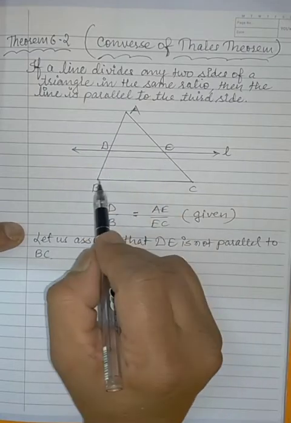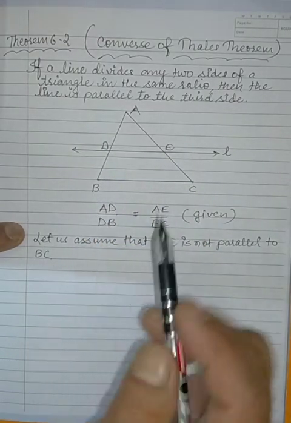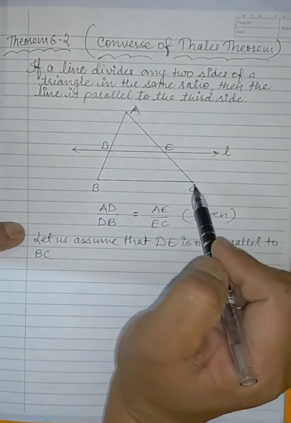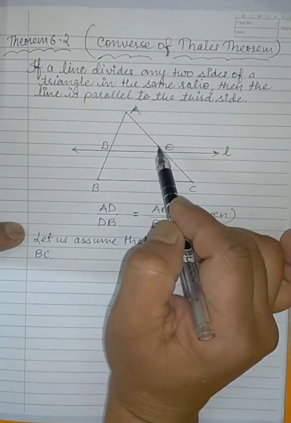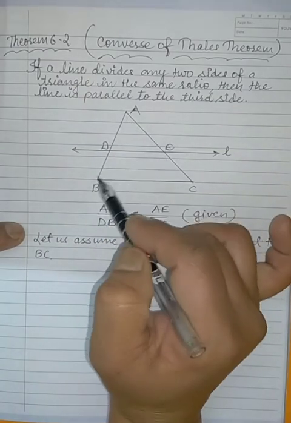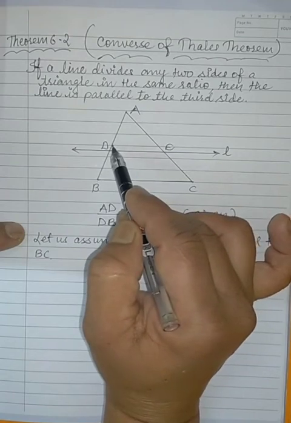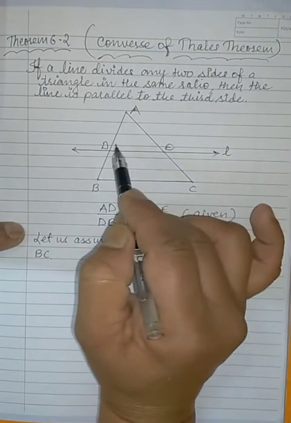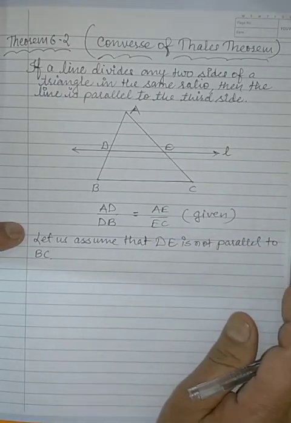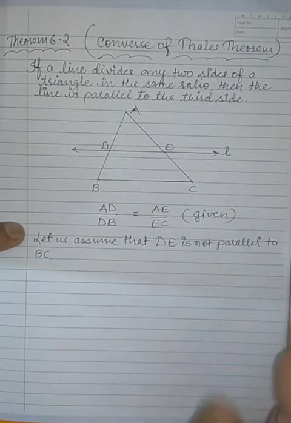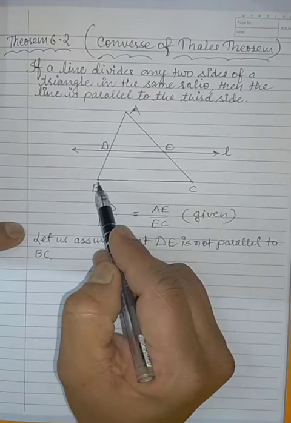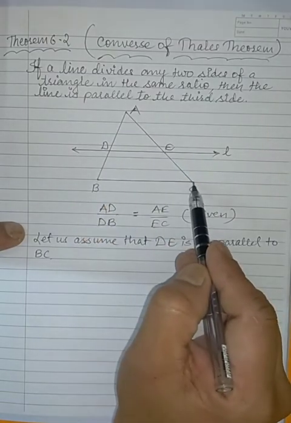So if DE is not parallel to BC, then there must be some point on AB or AC such that if that point is joined to the opposite point, it becomes parallel to BC. So either we can assume that point on AB or we can assume it on AC.